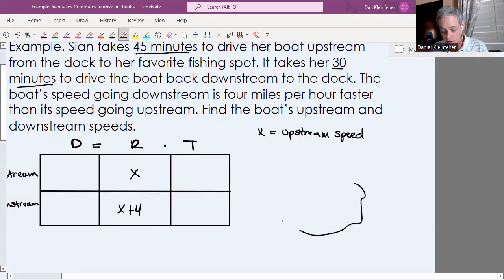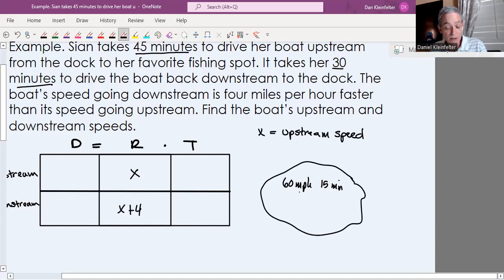So just as a reminder, and we discussed this before, if you have two rates, you need to make it so that the time units match. If you were to drive 60 miles per hour for 15 minutes, we're not going to figure out your distance traveled by multiplying 60 by 15, right?